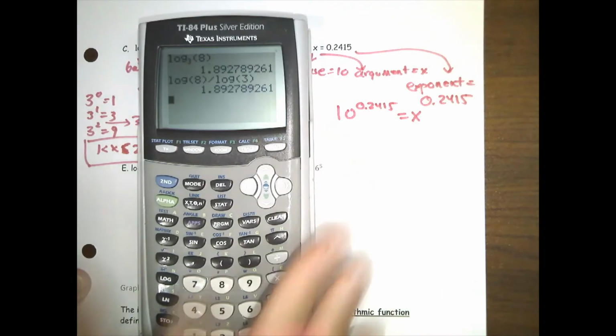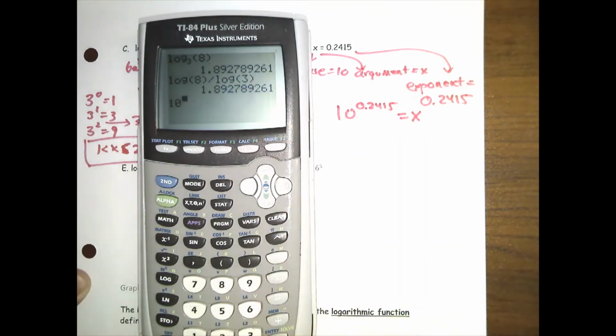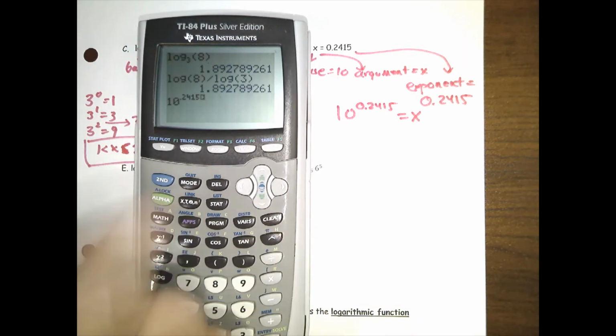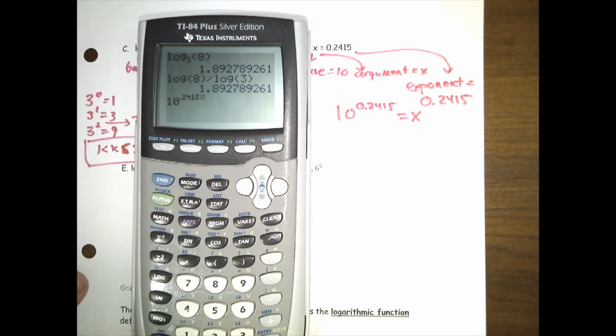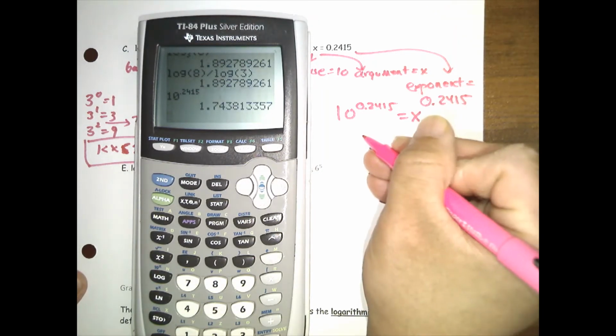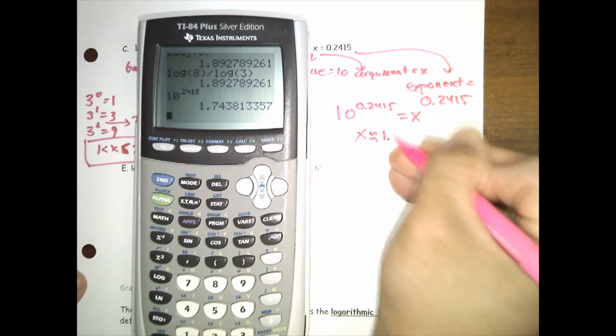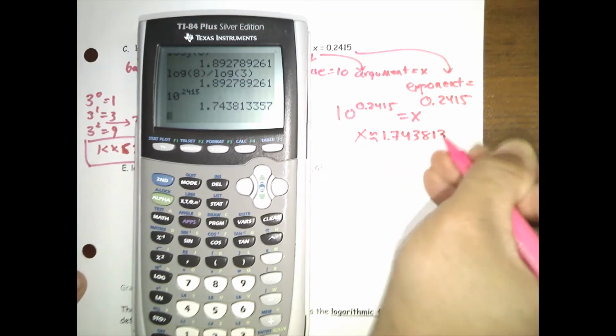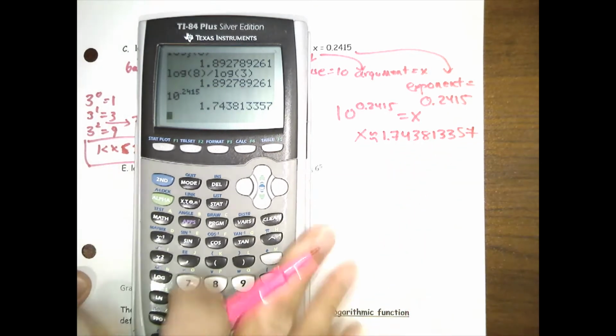And this is not one that I'm going to do in my head, mixing the decimals together with the exponents here. Like it's kind of strange having that decimal in the exponent, but it's possible for that to happen. So x should be about 1.743813357.